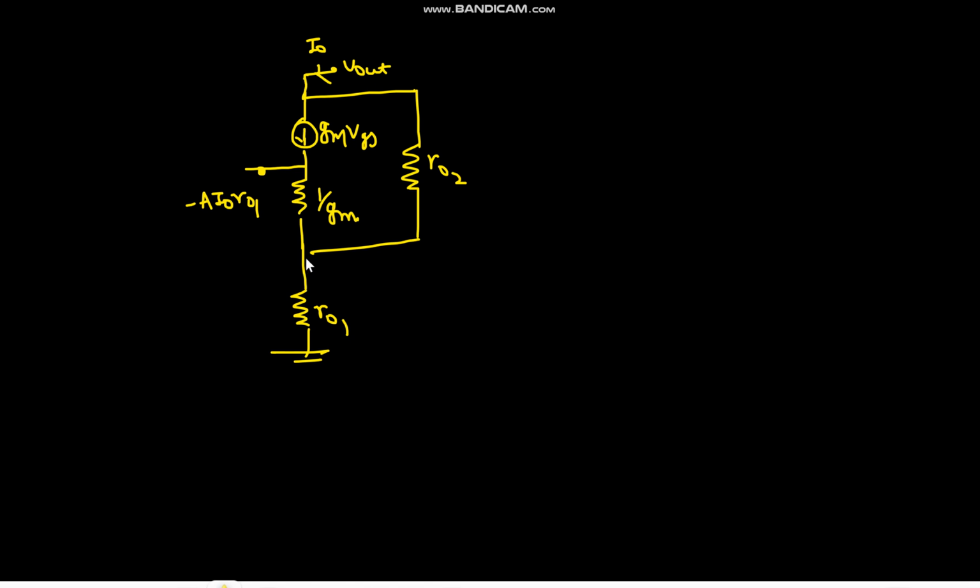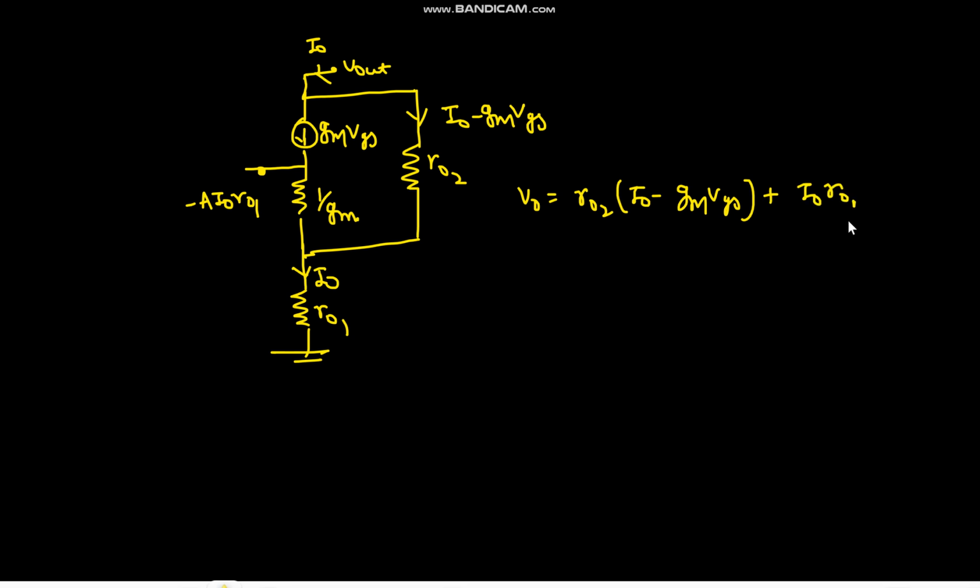So this I output will be flowing through here as well, and the current flowing through this resistance would be I output minus GM VGS, right? Okay, so what can you write? You can write V output equals R02 into I output minus GM VGS, plus I output into R01, right? So now you can write I output R01 plus R02 minus GM R02 VGS.